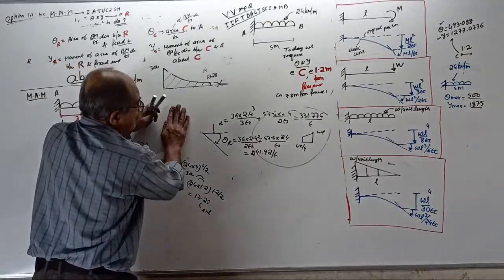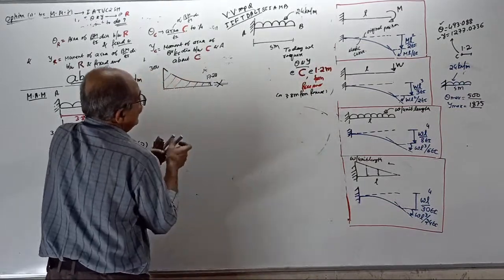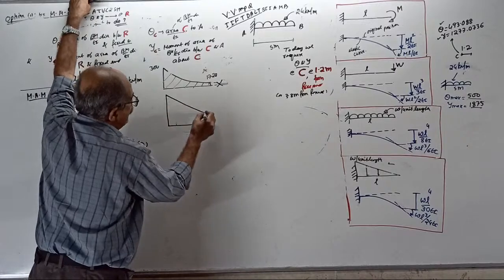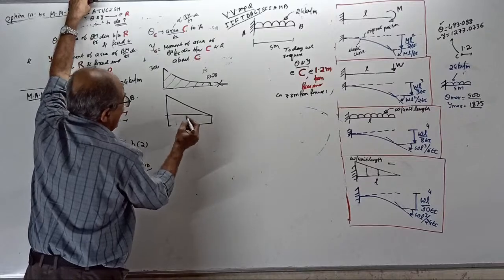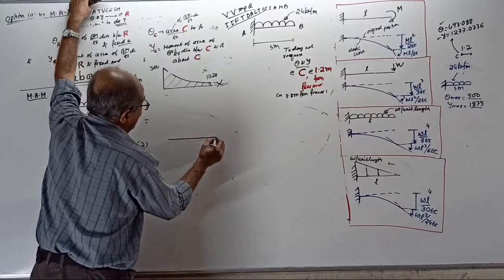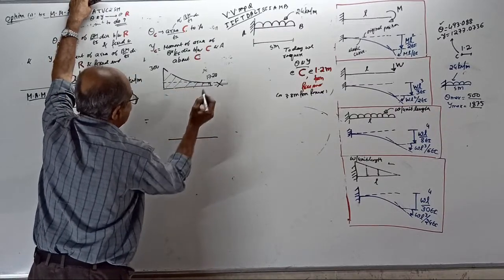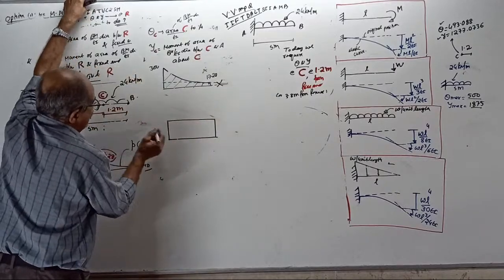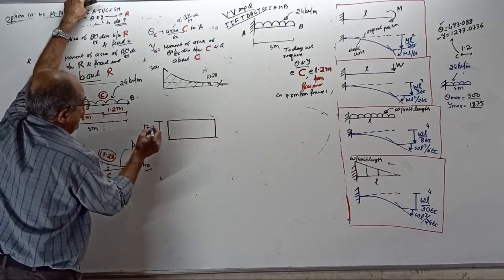Last time it was a trapezium, a straight line, and you divided it into a rectangle and a triangle. This time, you divide this area like this. Then you get a rectangle. This ordinate is 17.28.